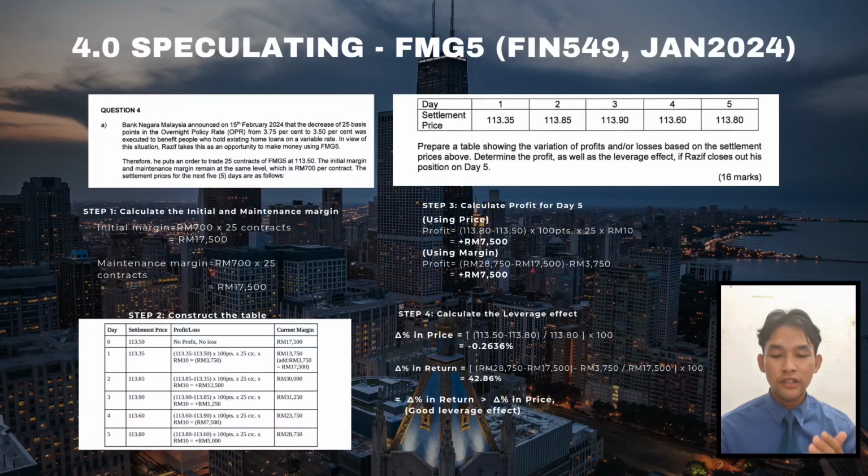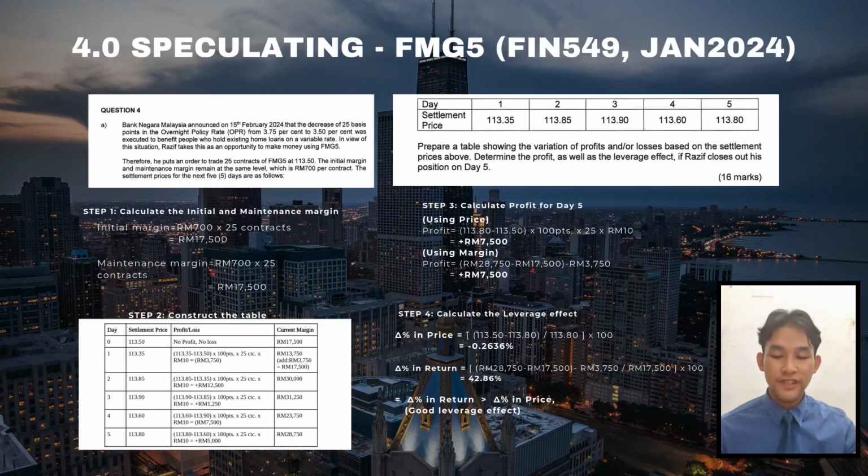When we calculate using price, we use the selling price, which is the last day, minus the buying price, which is day 0. So selling minus buying, times 100 points, times 25 contracts, times 10 ringgit, and we get 7,500 ringgit.